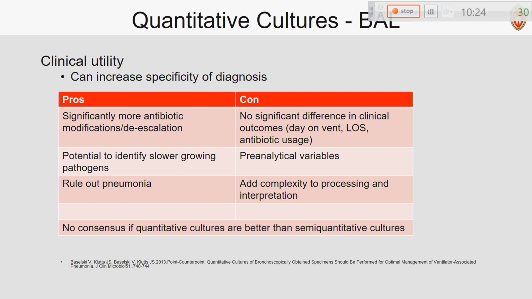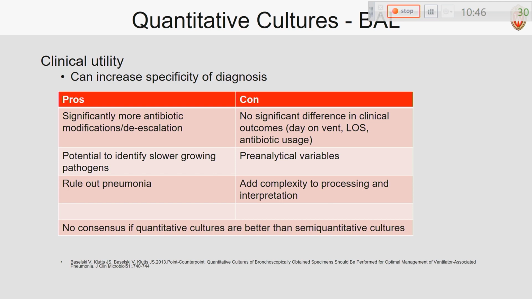Clinical utility of the quantitative cultures, and I would be looking for some feedback on this too from anybody who does these. I found several articles, a lot of them had to do with ventilator-associated pneumonias. This particular one was a point-counterpoint type article.